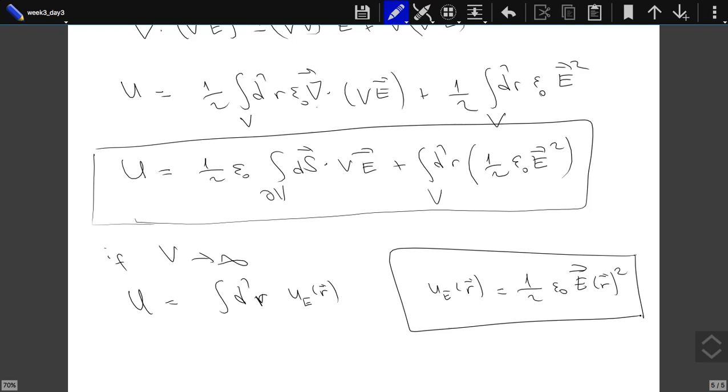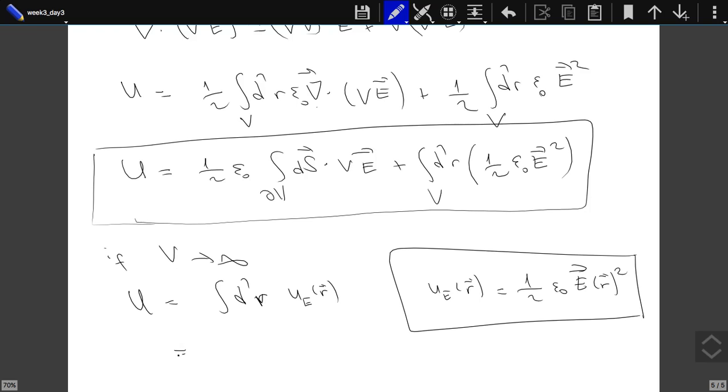This is some kind of energy density, such that if I take the energy density, multiply it by a very small volume, sum over all the volumes in the universe, I get the total energy of my system. So that's also why I identified this term over here, the energy density stored in the electric field.